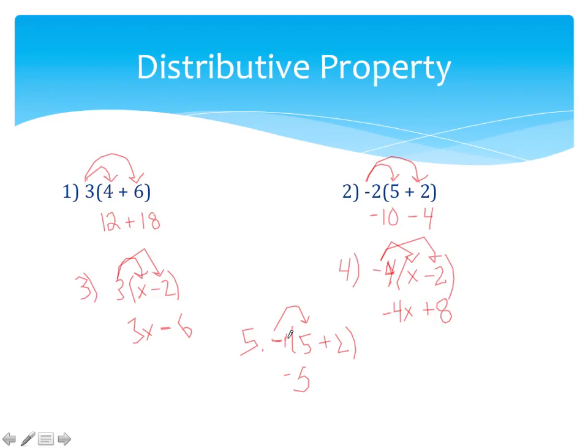And negative 1 times a positive 2. A negative times a positive is negative, and 1 times 2 is 2. So, my answer, as I distribute it through the distributive property, is negative 5 minus 2.